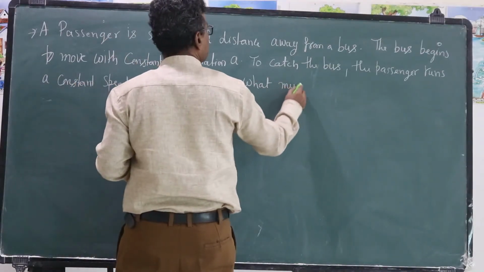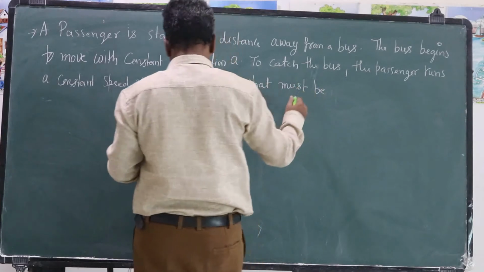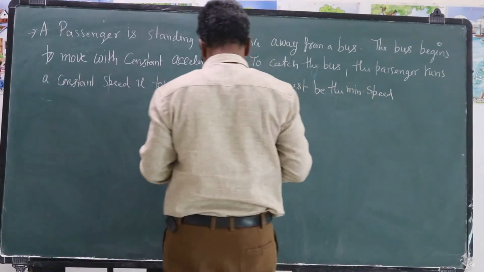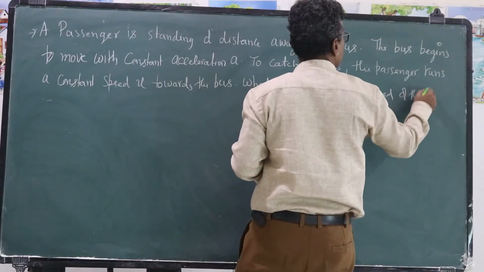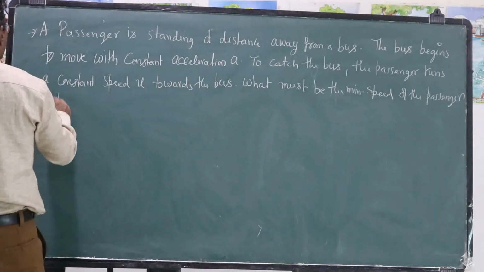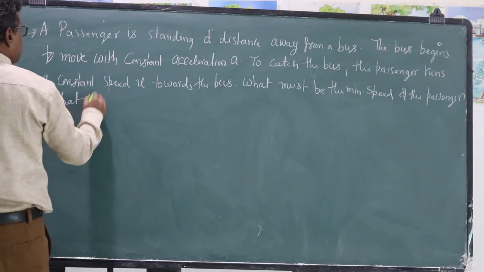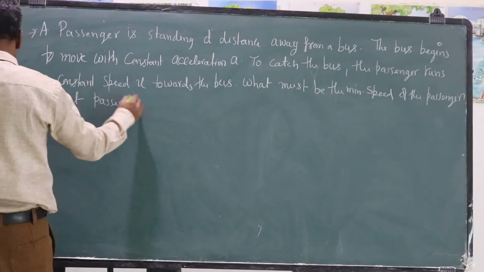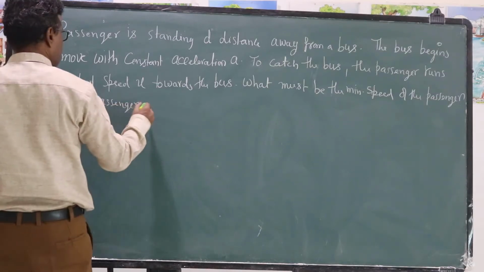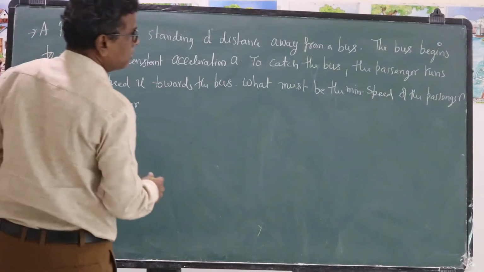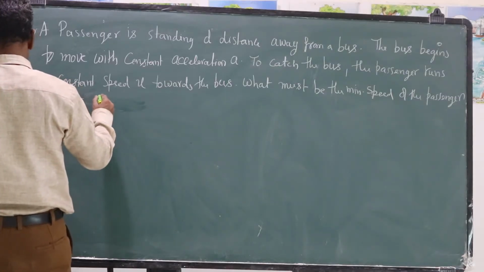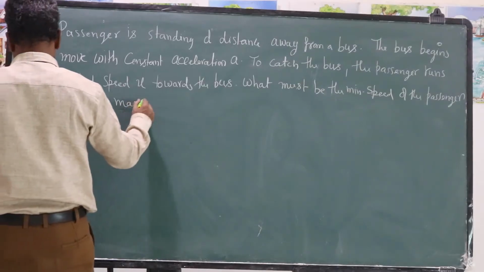What must be the minimum speed of the passenger so that he may catch the bus?